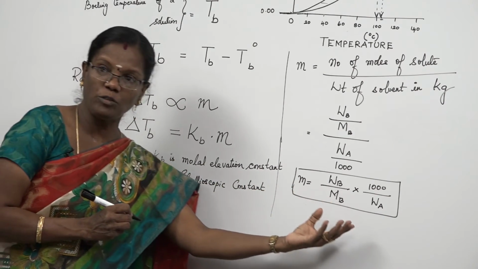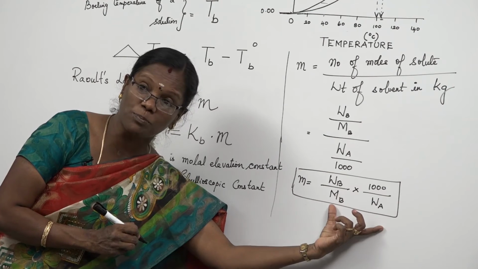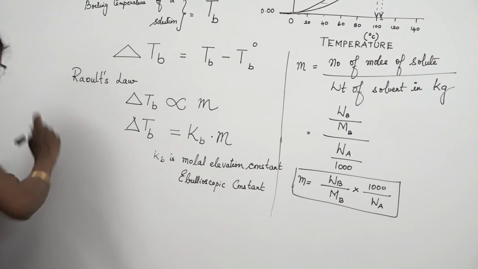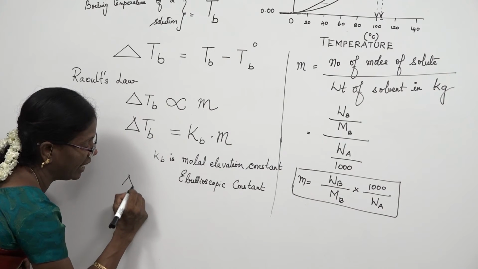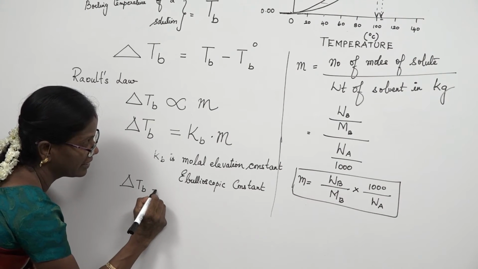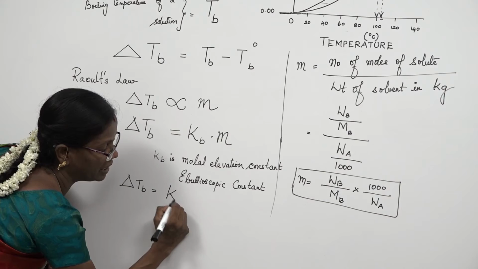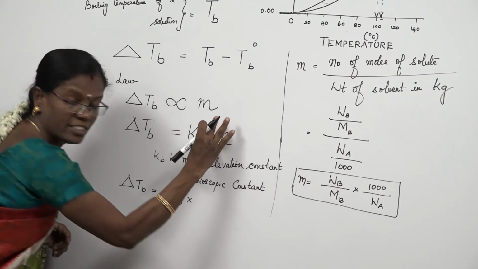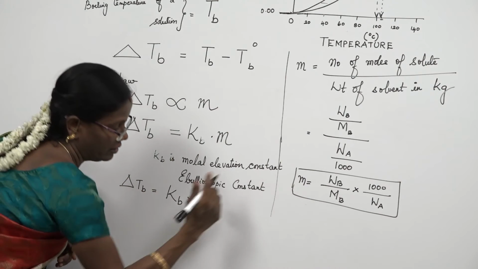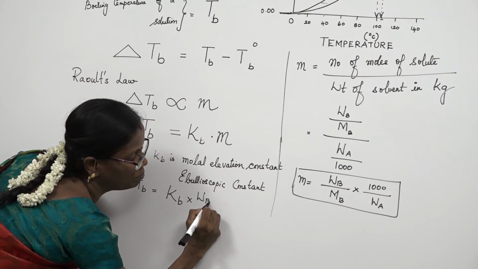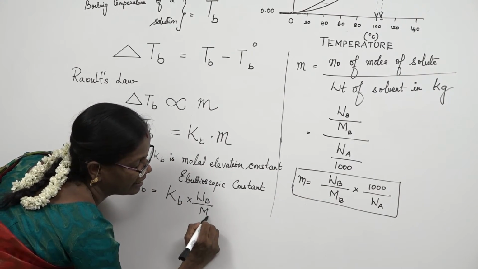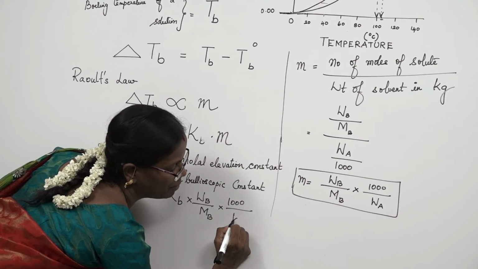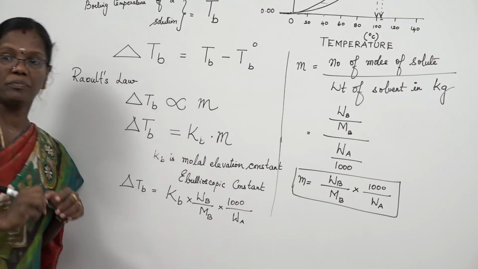Now, we have to substitute this expression instead of m in this equation. So, delta T_B is equal to K_B into W_B by M_B into 1000 by W_A.